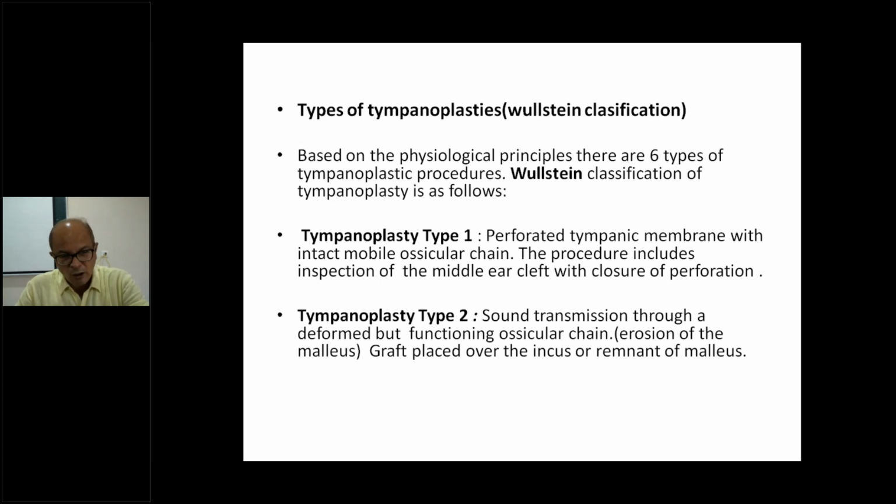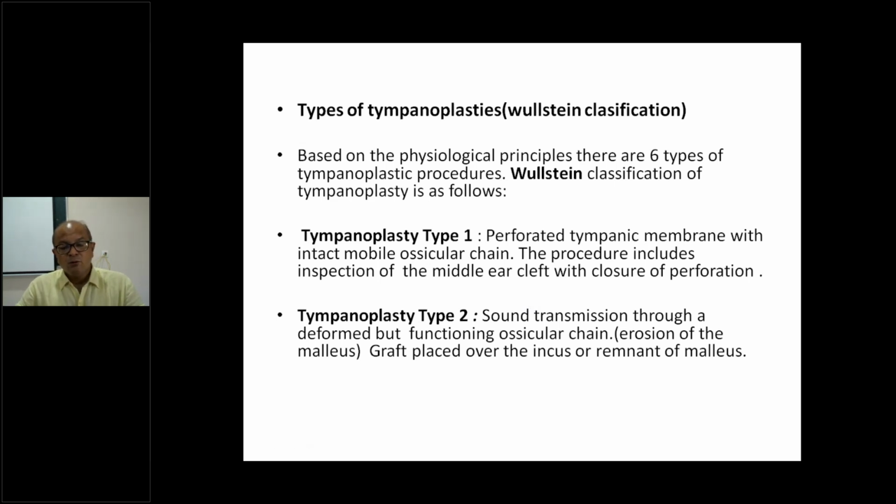Although if you say type 1 tympanoplasty is myringoplasty, for undergraduates it is okay, but for postgraduates it is not. So it is a perforated tympanic membrane with an intact mobile ossicular chain, and the procedure includes inspection of the middle ear cleft with closure of perforation. But this inspection of the middle ear cleft is not done in myringoplasty.